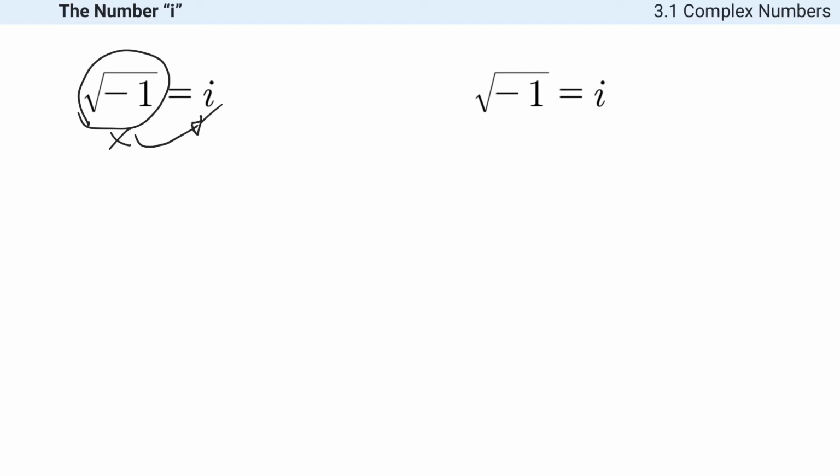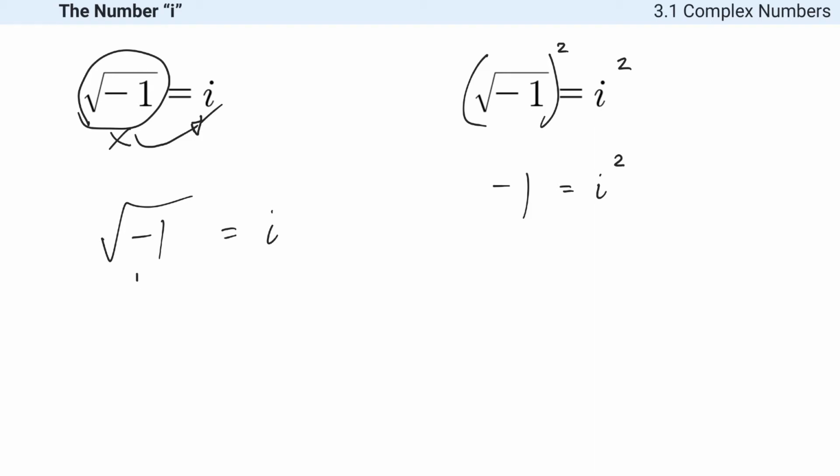So if I ever see the square root of -1, call it i. Another thing you can do with square roots, often to get rid of them, is square them. If I square that side, on this side I'll be left with -1. On this side, if I square it, I'll be left with i squared. So here's another thing that you can use.